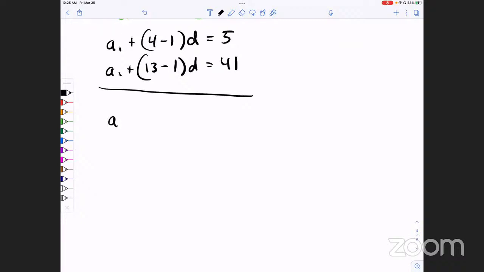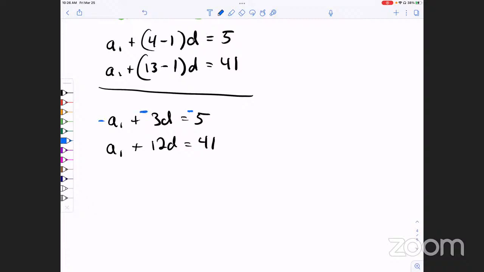So we have a1 plus 3d equals 5, and a1 plus 12d equals 41. Then I'm going to multiply the first equation by negative 1 instead, because it just seems easier.